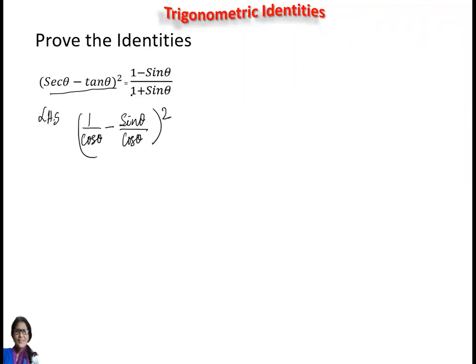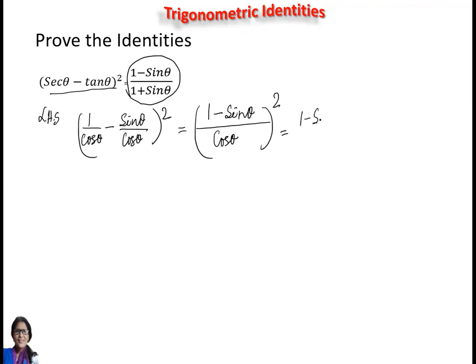Why am I changing? Because on the right side there is no sec or tan. Then I'll write, it will be 1 minus sin theta over cos theta, whole square. Then same pattern you will go: 1 minus sin theta into 1 minus sin theta. And what about cos theta?